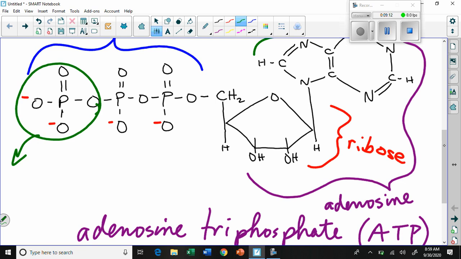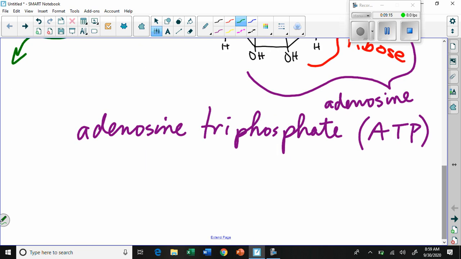And so what we commonly see is a little reaction where ATP breaks apart by hydrolysis into adenosine diphosphate. The D stands for di, which would be two phosphates left, plus a phosphate. We often refer to it as inorganic phosphate, and we draw it with a little subscript i.